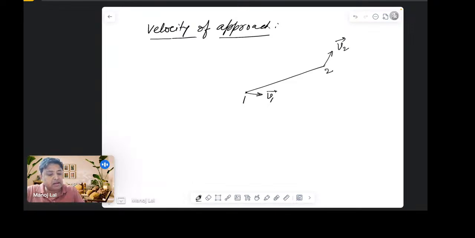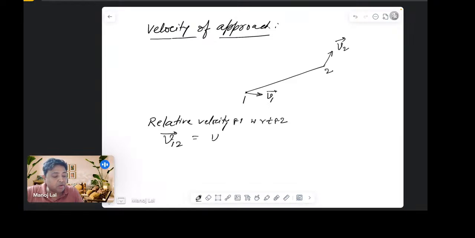Then I will say the relative velocity of particle 1 with respect to particle 2 will be V12, and this is equal to v1 vector minus v2 vector.